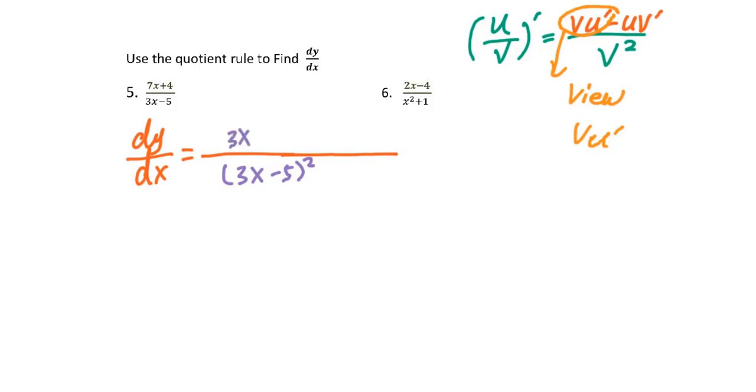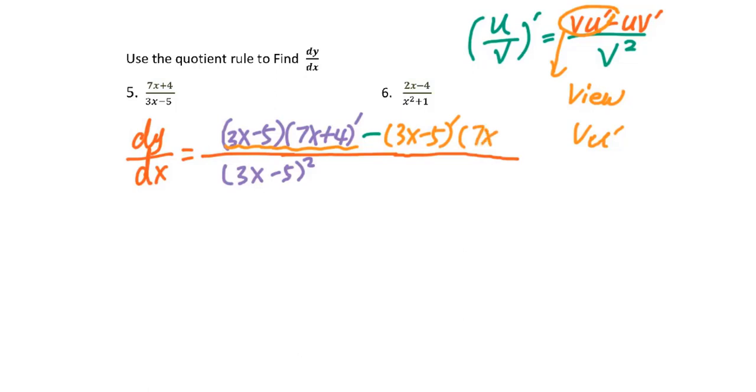So you have 3x minus 5 over 7x plus 4. This time we switch, so 3x minus 5, we do the derivative, and you have 7x plus 4.